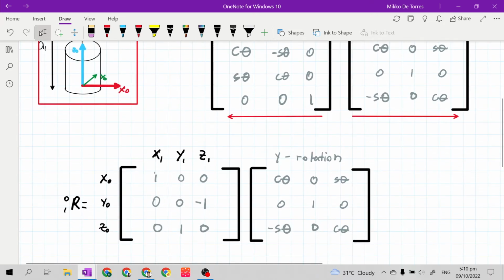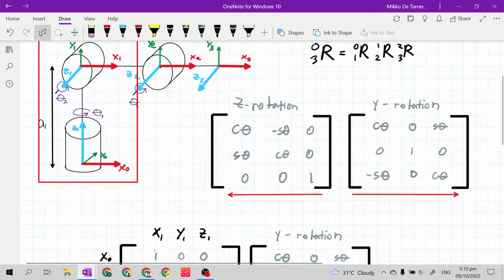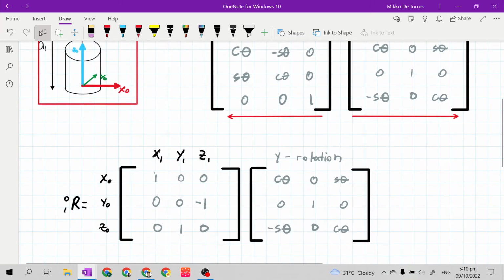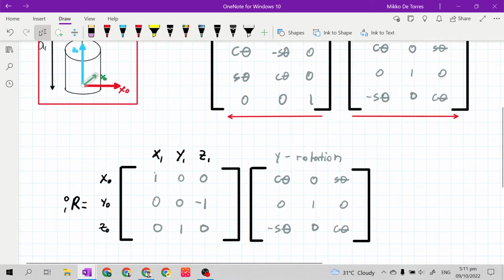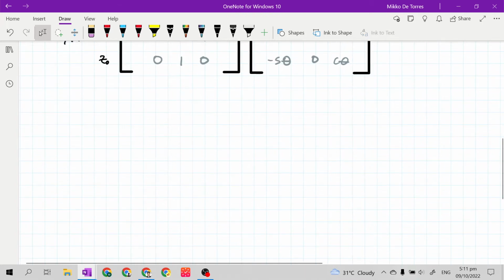So x sub 1 is only projected on x sub 0, while y sub 1 is only projected on z sub 0, and z sub 1 is only projected on y sub 0. So what we will do here now is multiply these two matrices with each other in this arrangement.